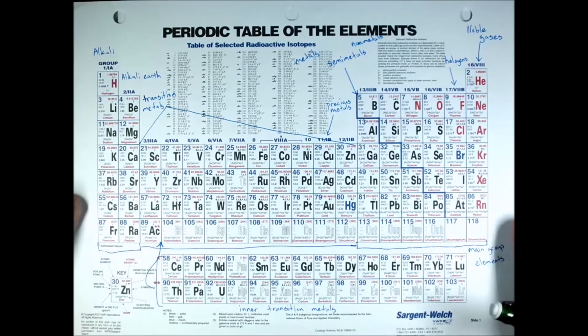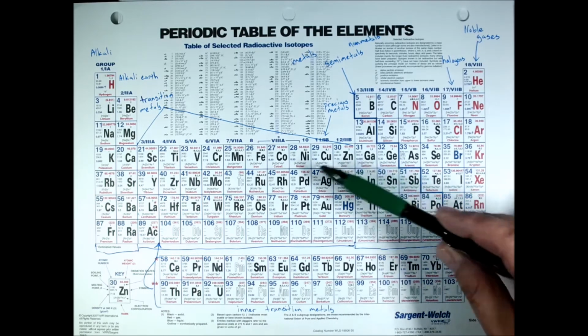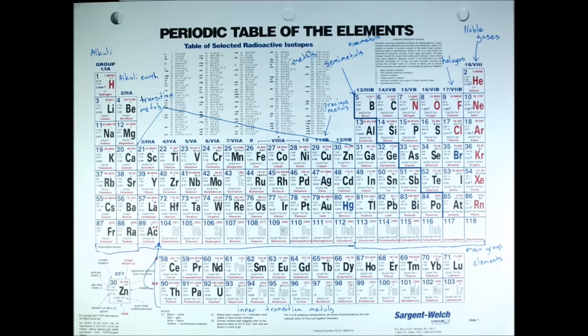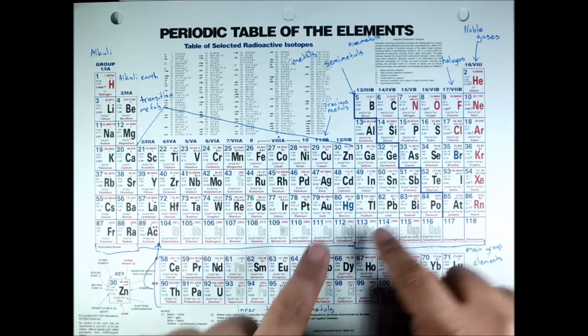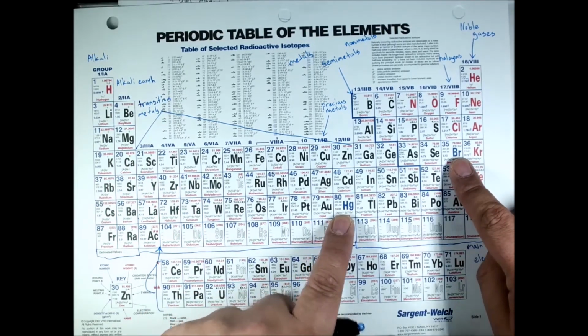The last thing I wanted to point out on this table is the color coding. You may notice that certain elements are different colors. It turns out that most of them are solids at room temperature. These are all the black symbols. There are 2 of them that are blue, meaning that they're liquid at room temperature: mercury and bromine. It might be kind of hard to see, but they are in blue.